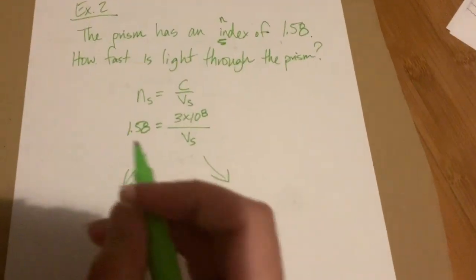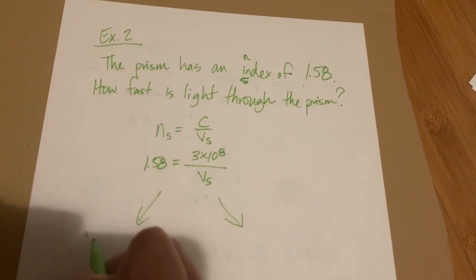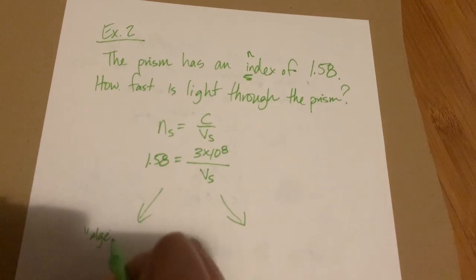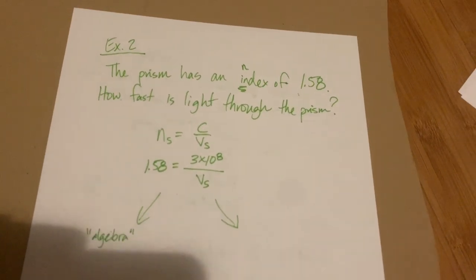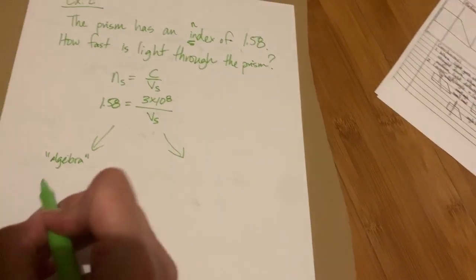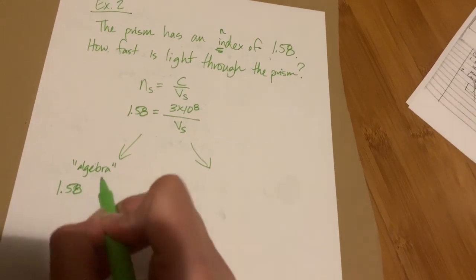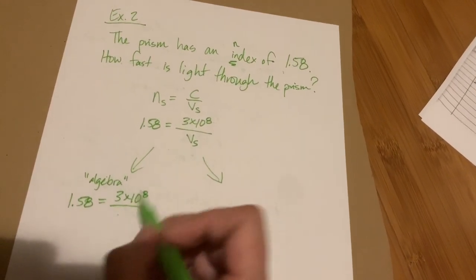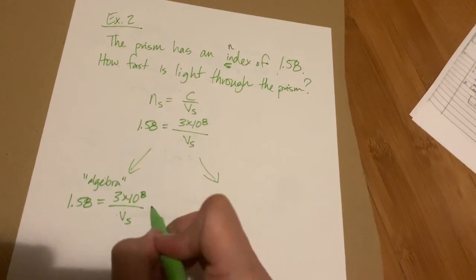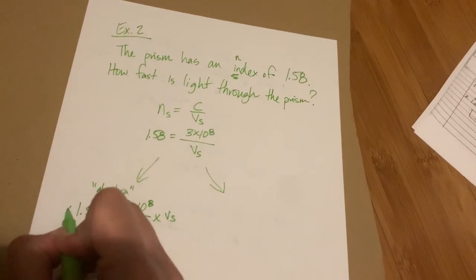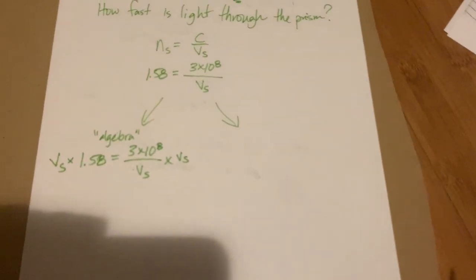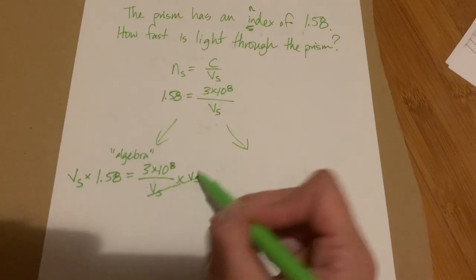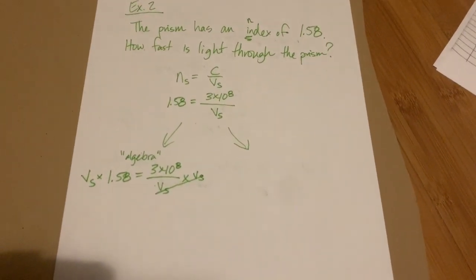So method number one is what I call the algebra method. In the algebra method, we will take 1.58 equals 3 times 10 to the 8 over v_s, and we will multiply by v_s. The reason why we want to do that is we've got to get rid of the fraction. Step one.